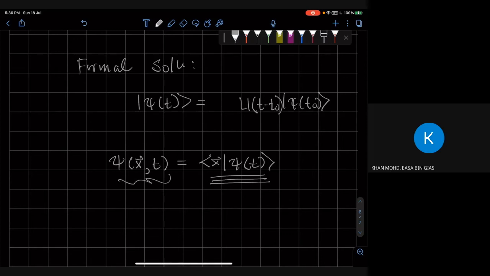This is the definition of the wave function. It's a projection of the state vector onto the position eigenbasis. So there should be an analog of this statement in terms of this thing, right? Do you agree? Yeah. So what is that statement?